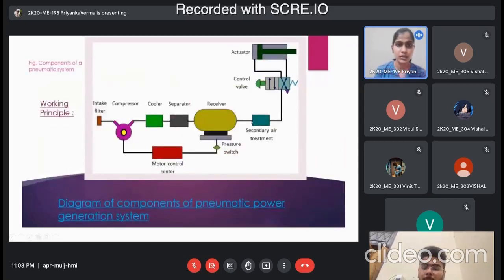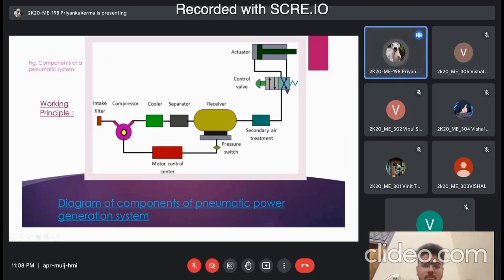In this diagram, we can see the different components of the pneumatic power generation system, and the working principle is simple. Firstly, the air enters from this section, and due to the filter, all the dirt is removed. Then it goes into the compressor. The compressor compresses the air by reducing the volume, which ultimately increases the pressure and also increases the temperature.